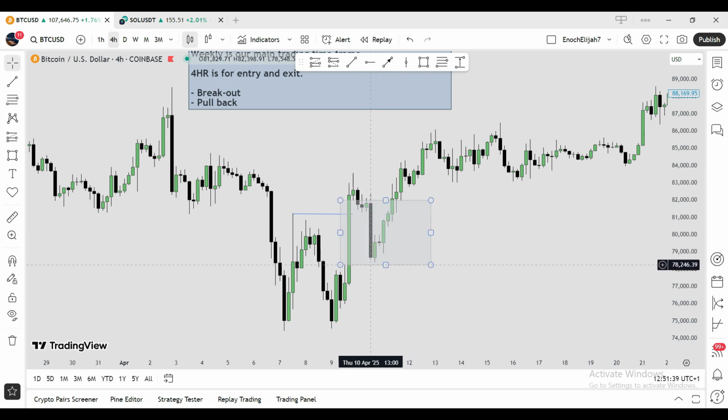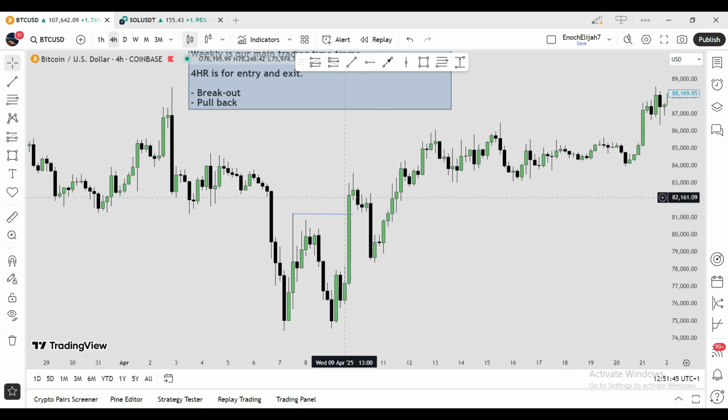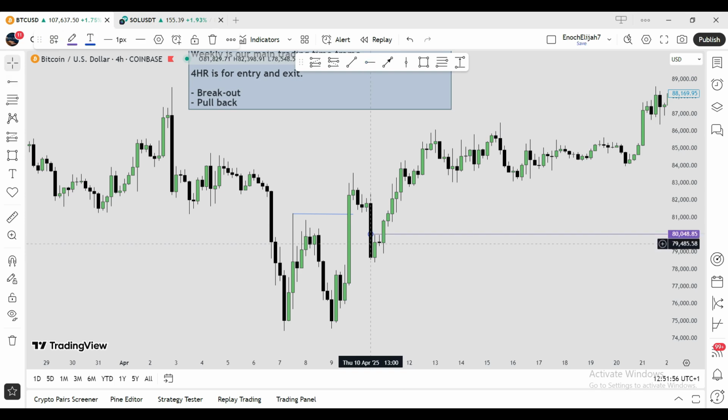Now, all I do is wait for the high of the last candle that formed the last low to be broken. That shows me that price is done retracing, and now it is bullish, ready to continue the bullish move.